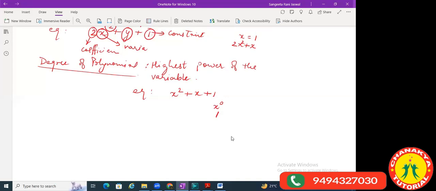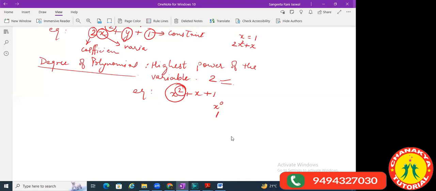And the highest power is 2 here. So x with the power 0, then 1, then 2. So which is the variable with the highest power? That is this. This is the highest power of the variable. So what is the power? The power is 2. So what is the degree of this polynomial? It's 2.